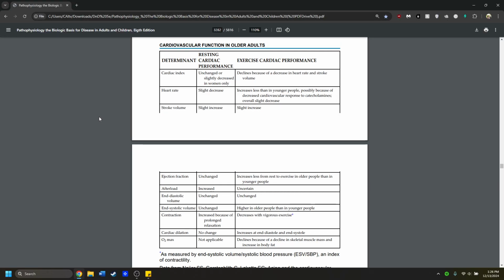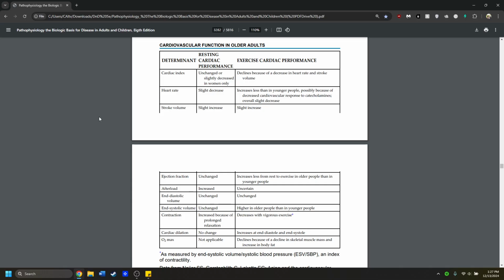So your cardiac index during resting cardiac performance is unchanged or slightly decreased in women only, whereas the exercise cardiac performance declines because of the decrease in heart rate and stroke volume. Your heart rate during resting cardiac performance slightly decreases, as the exercise cardiac performance increases less than in younger people, possibly because of the decreased cardiovascular response to catecholamines, an overall slight decrease.